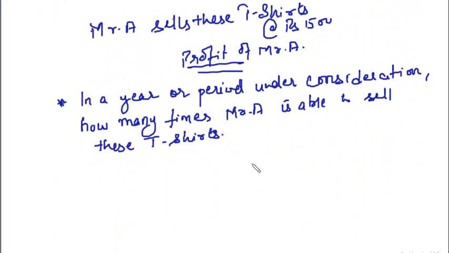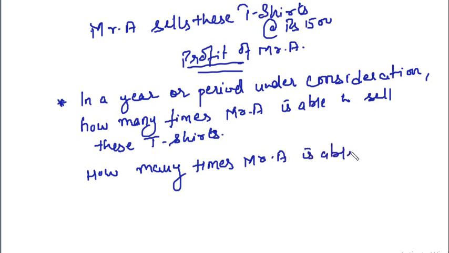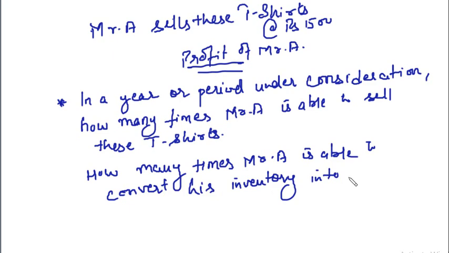In other words, how many times Mr. A is able to convert his inventory into sales.